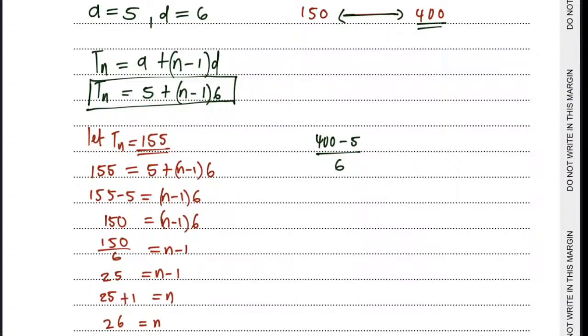Do you get a whole number? Shame. So what is 399 minus 5, then divided by 6? Not a whole number. 398 minus 5 divided by 6.